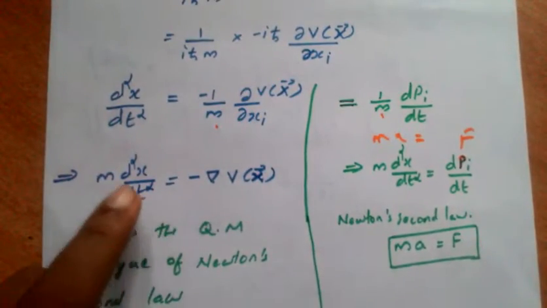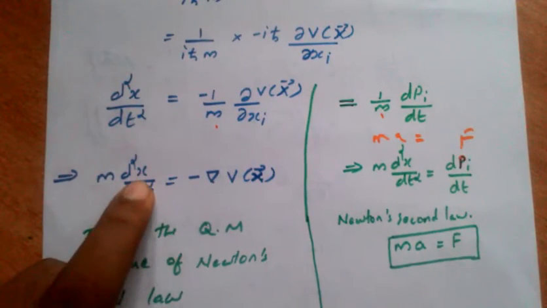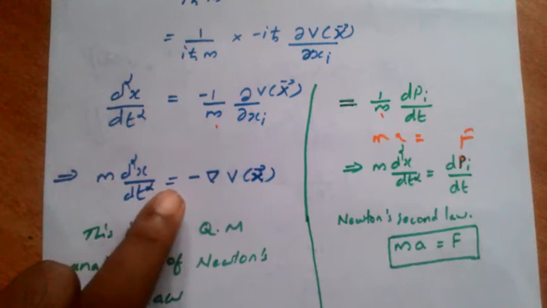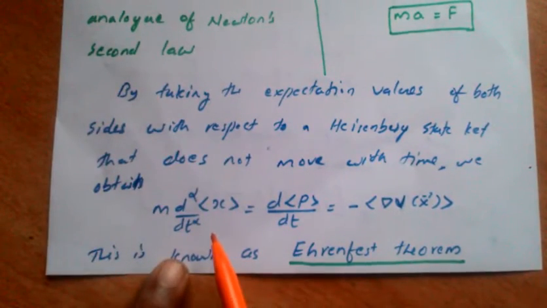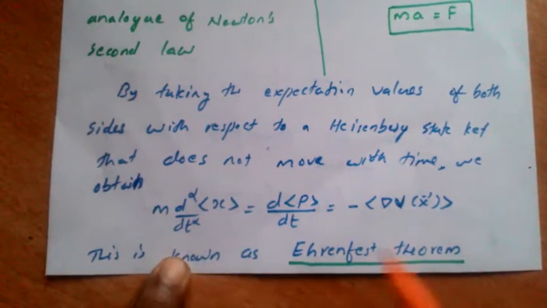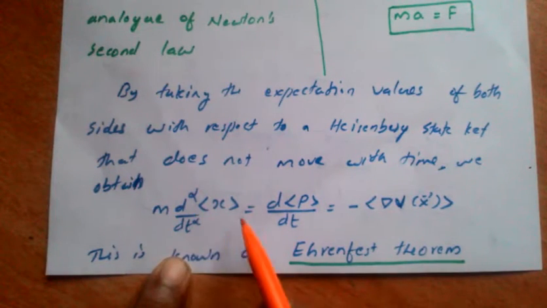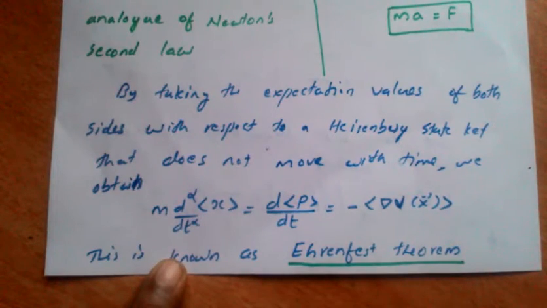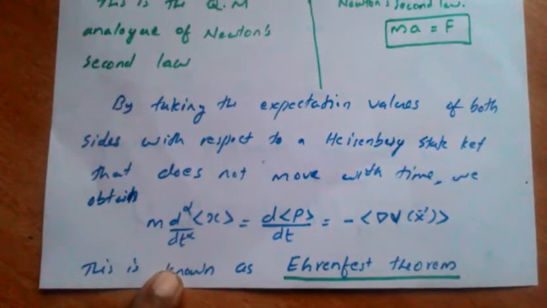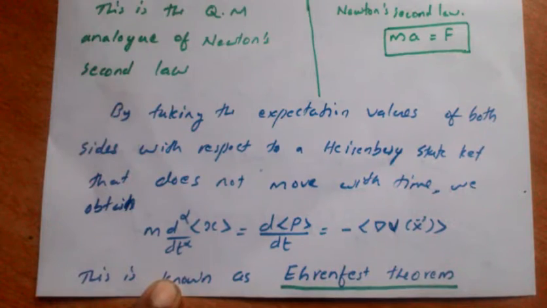When we consider this equation, we need to take the Heisenberg operators, but when we take the expectation value, we don't need to bother about whether it's the Heisenberg or Schrodinger picture. We can simply take the expectation value; both are equal. This is known as the Ehrenfest theorem. So we have derived the quantum mechanical analog of Newton's second law.